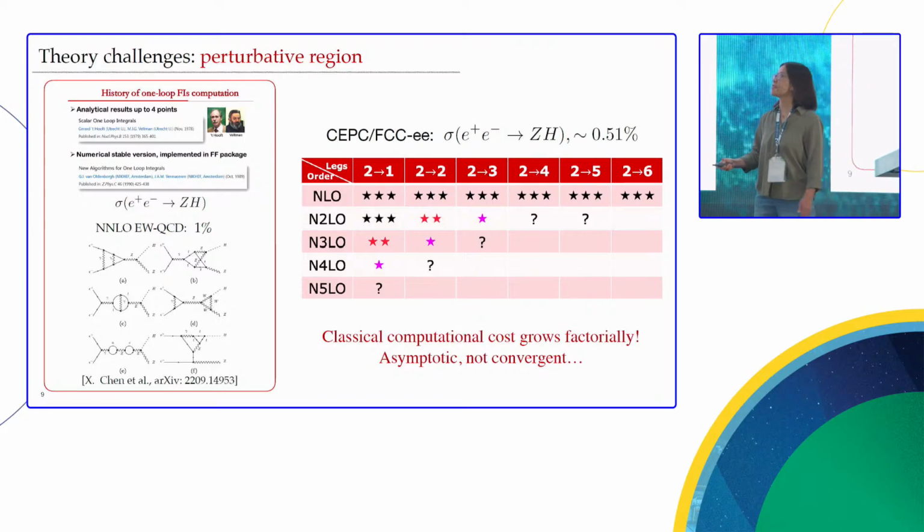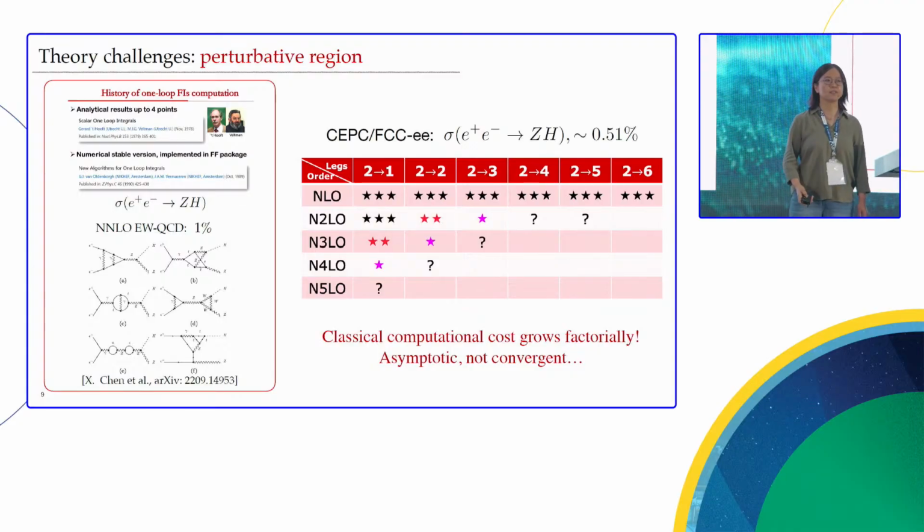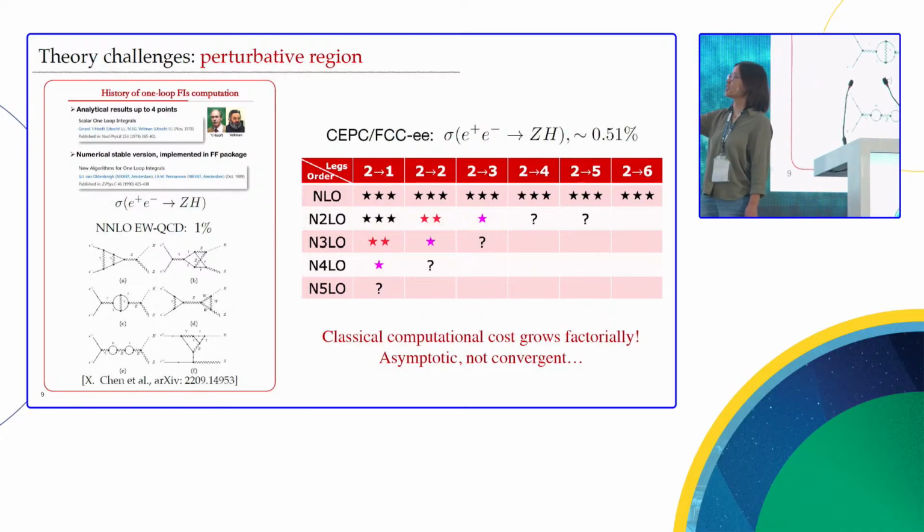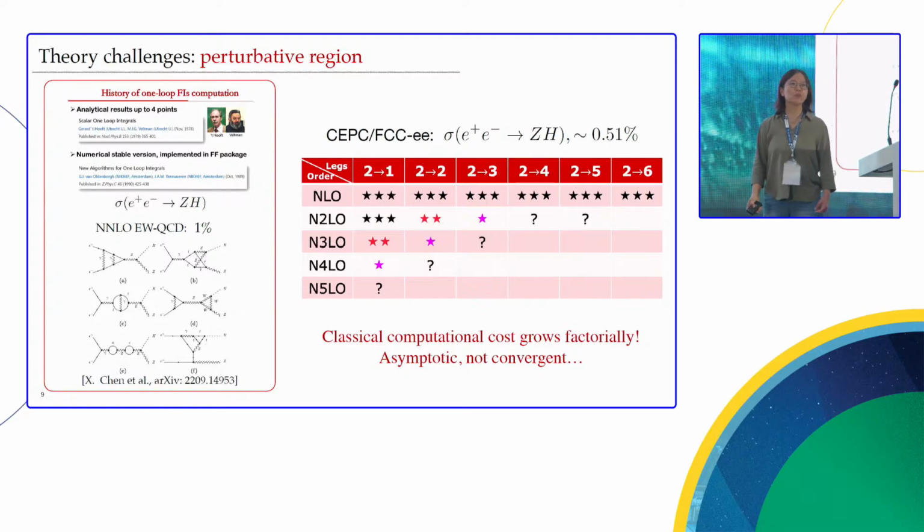And our current status, for example, if we care about this ZH production cross-section at the electron-positron colliders in the future, this process, our current prediction, which is at the next-to-next-to-leading order, including electroweak and QCD corrections, could reach like 1% level. This is a very precise number.